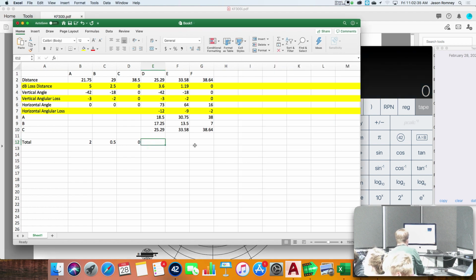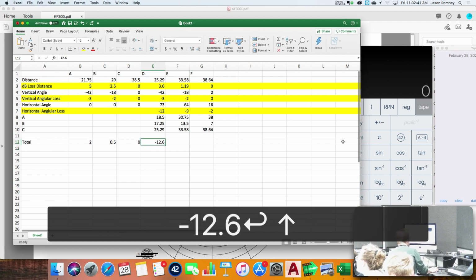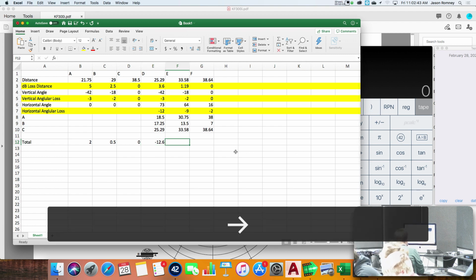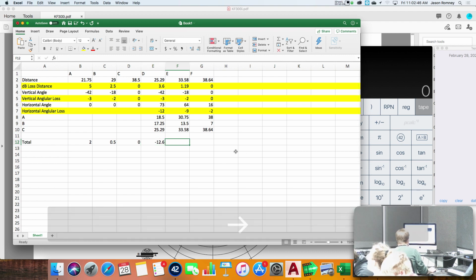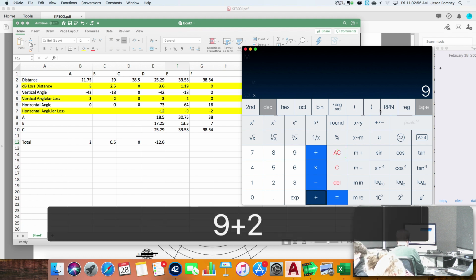What about this one? 1.19, minus 2 and minus 9. Yeah, negative 9.81. Give me the third one.